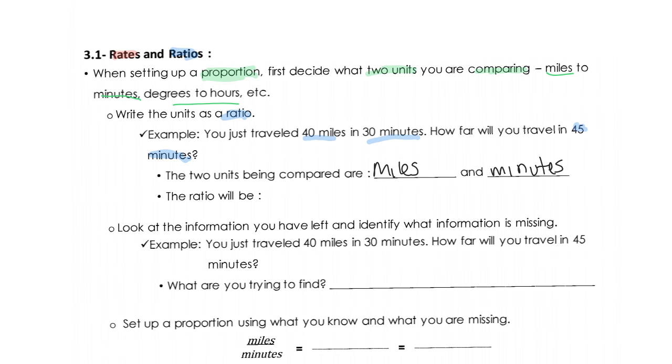And remember, we can write ratios 3 ways. We can write ratios as fractions, so miles over minutes. We can write it in sentence form like we did up here. And one other way, we could write it using a colon, so miles to minutes.